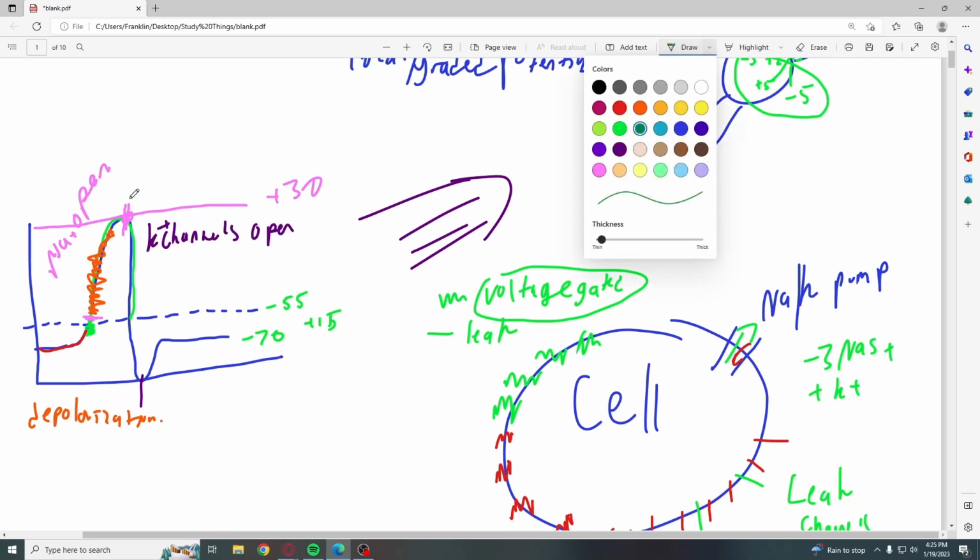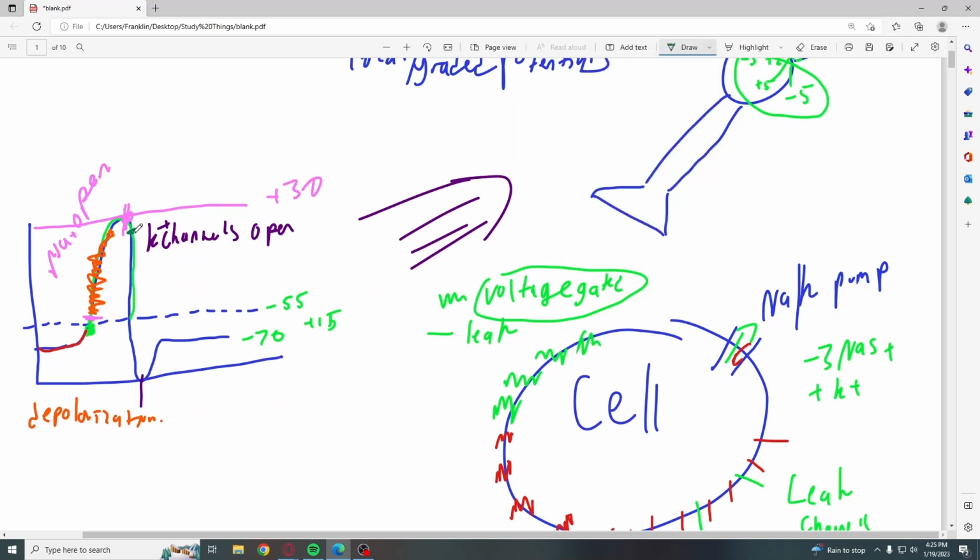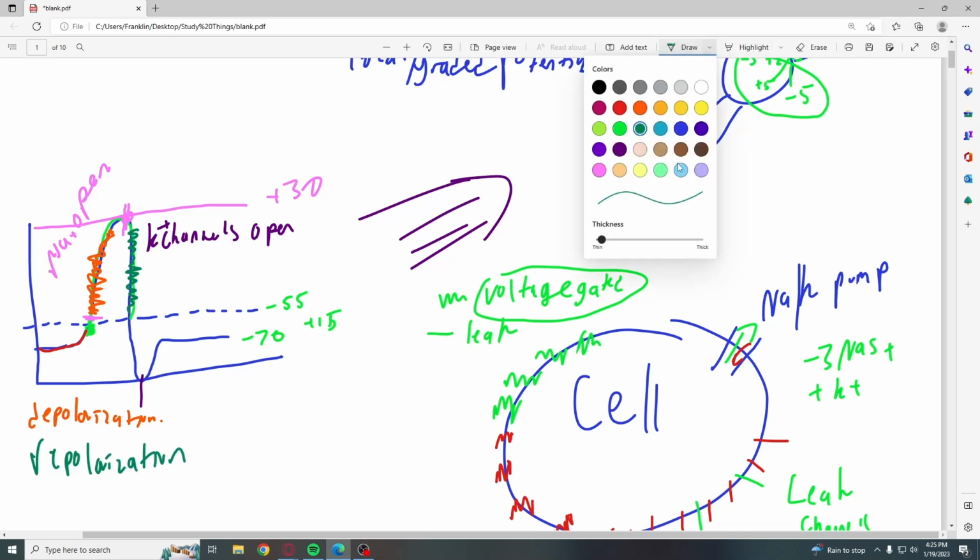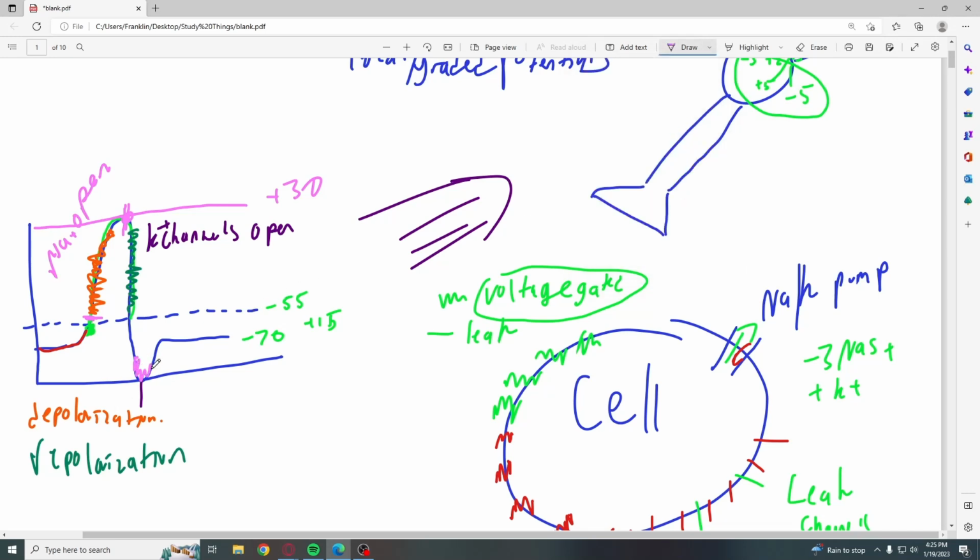And here you have repolarization. And then down here where you're under the resting, like over here kind of, you have hyperpolarization.